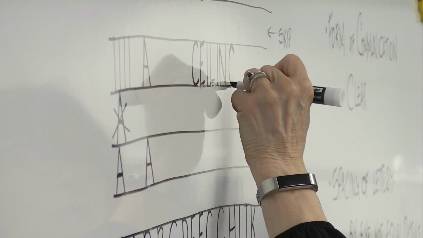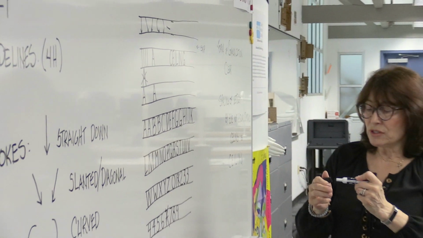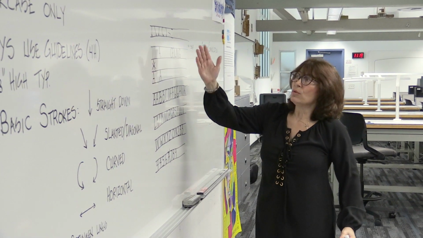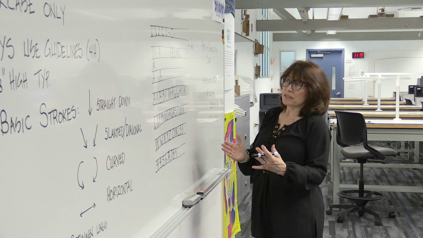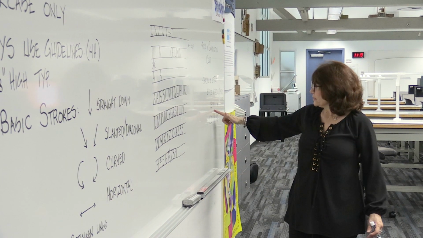You don't want to use equal spacing, okay? You have to space it by I, so that you know an I takes up less space than a C or an E, okay? And I did give an example right here.